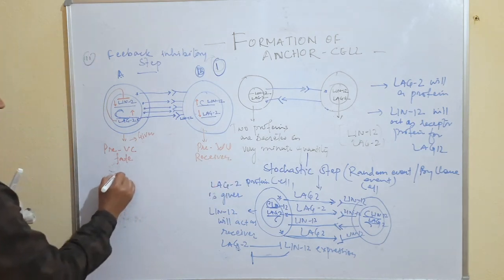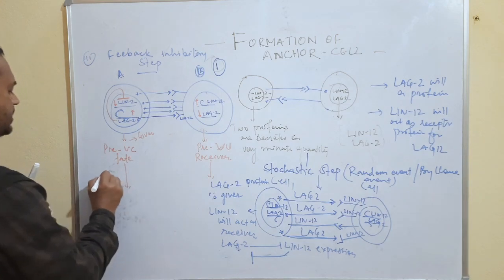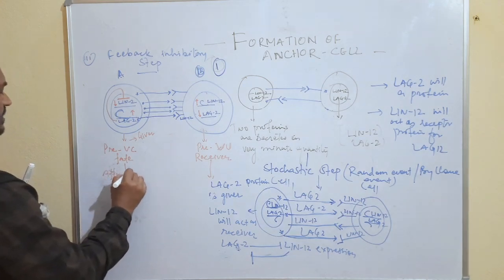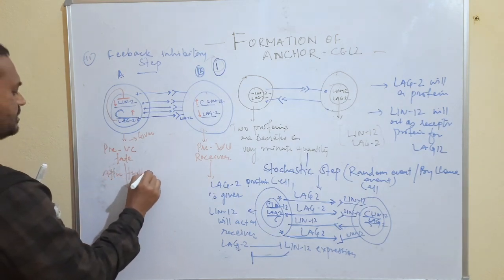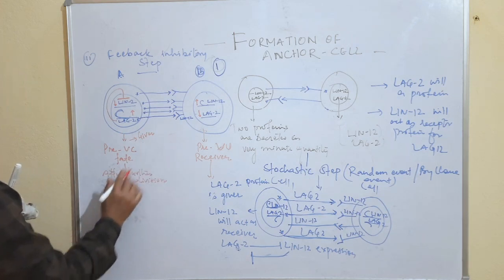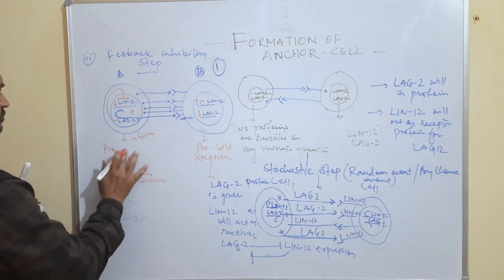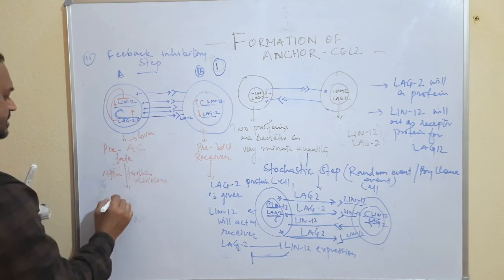Then after subsequent division, after further division, it will acquire the anchor cell. You can say this is not VC, this is the anchor cell, AC.